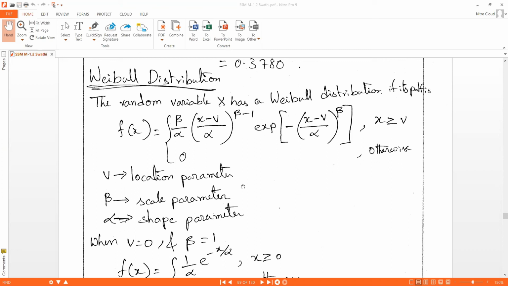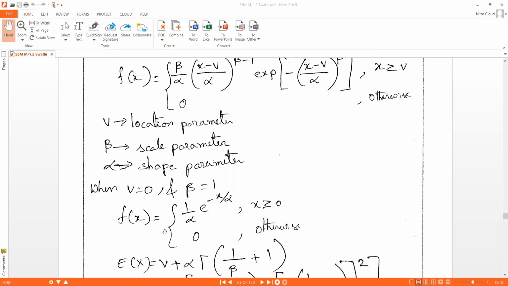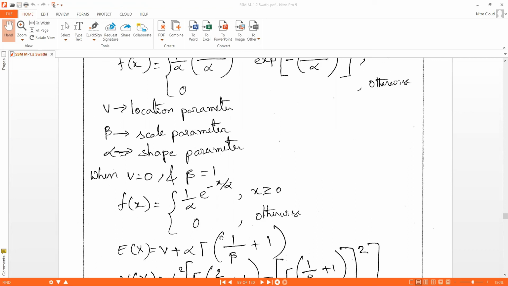Otherwise, it is 0. Here, v is the location parameter, beta is the shape parameter, alpha is the scale parameter in the Weibull distribution. When v equal to 0 and beta equal to 1, f of x equal to 1 by alpha into e power minus x by alpha for x greater than or equal to 0. Otherwise, f of x equal to 0.